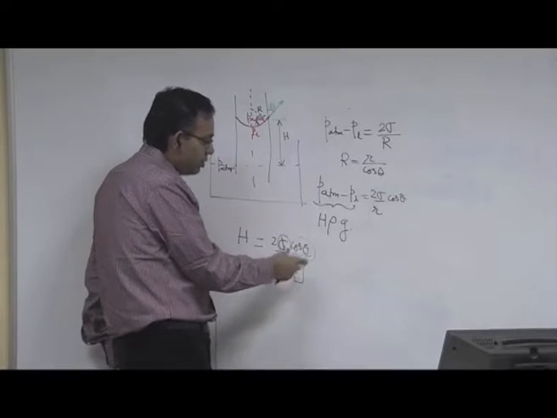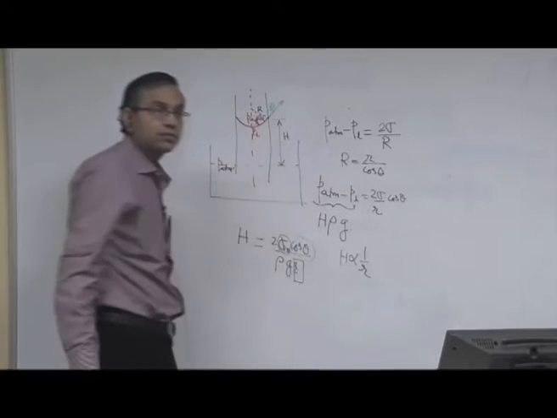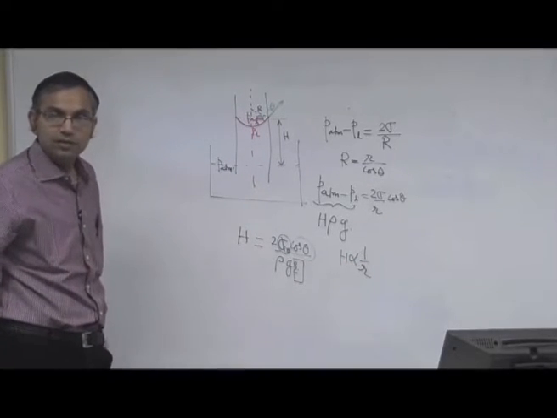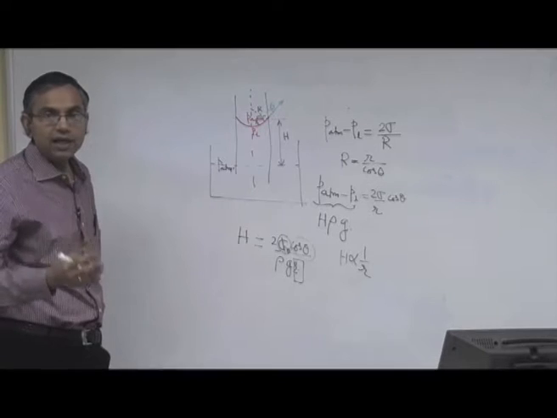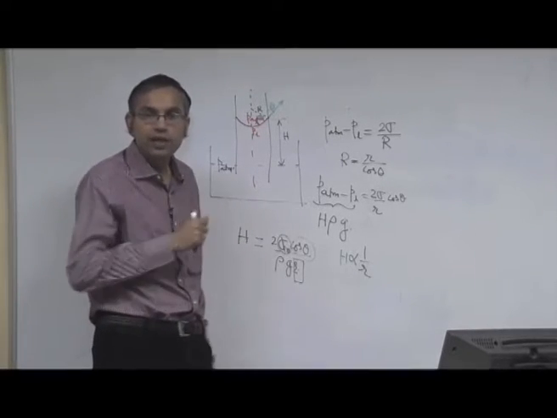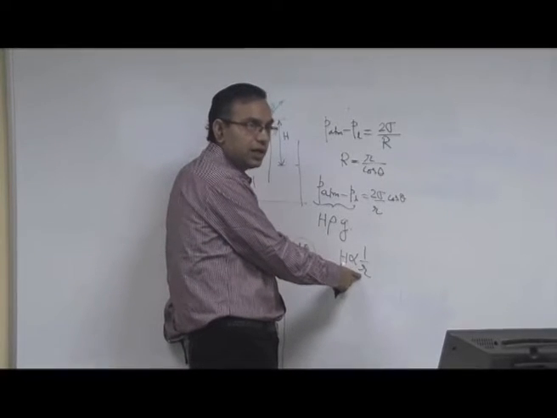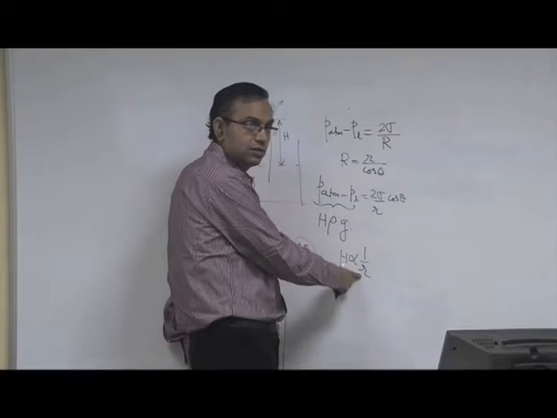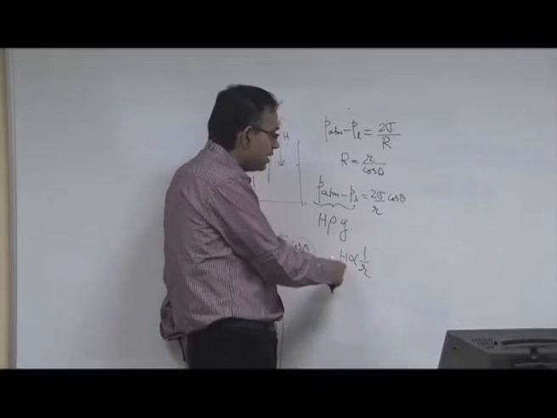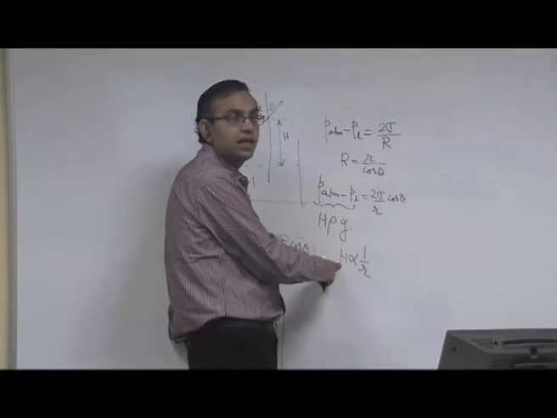So, H is proportional to 1 by R, right. That is where the importance of this in the context of microfluidics or nanofluidics comes. You bring down R from 1 meter to 1 micron, you see that there is a 10 to the power 6 times rise in H.